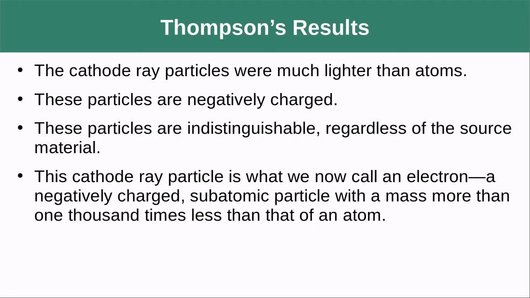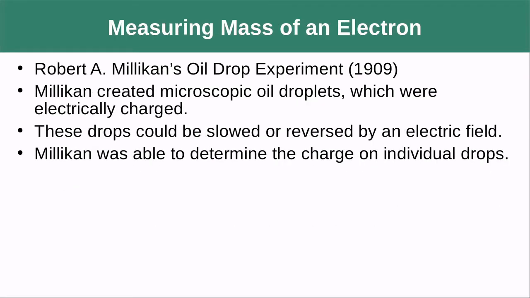This cathode ray particle is what we now call electrons. He was focusing on electrons and being able to deflect them. And we now know that these are subatomic particles with very, very small masses, much smaller than the total atom. And they actually do make up all of the different element atoms. They're at least one part.